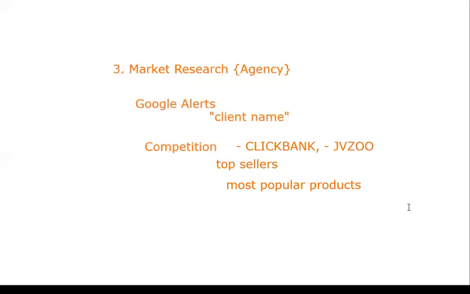It's also a good place to find partners to promote your product for you. If we go to those sites like Clickbank, you can sort the results by category and put filters such as best sellers, most popular, etc. So we look for the most popular items out there, best-selling products.